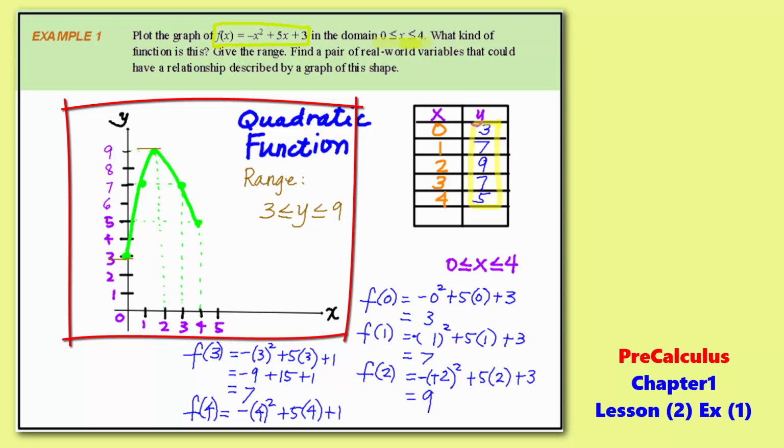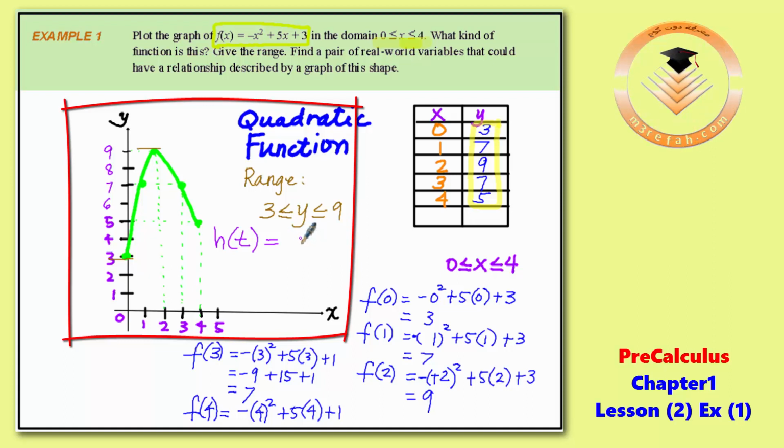So, meaning, h of t is our function for the height, and it is dependent on t. So our height is the dependent variable and our time is the independent variable.